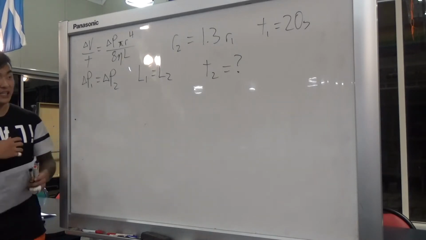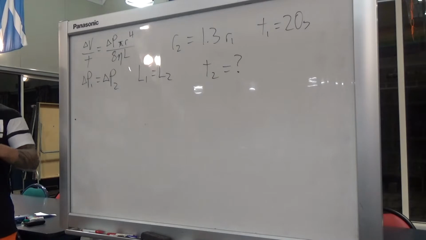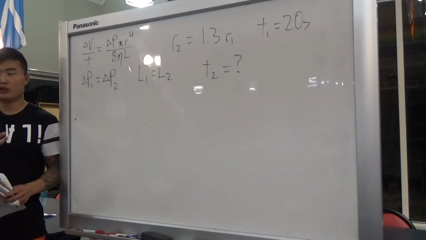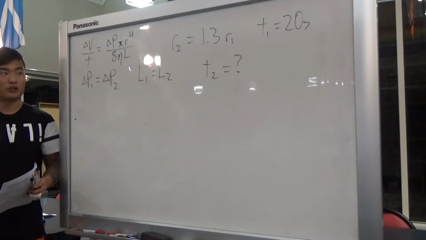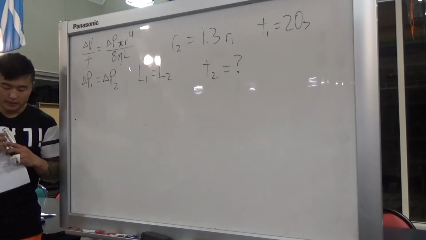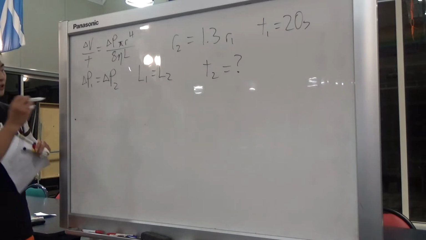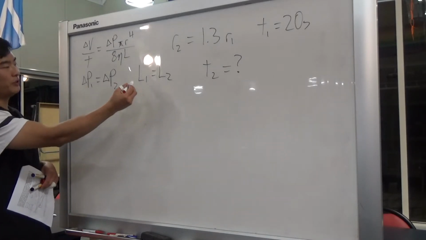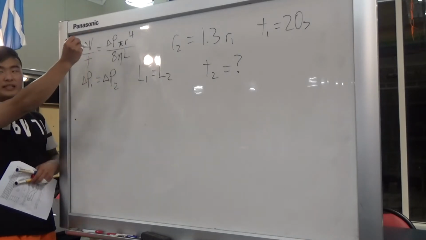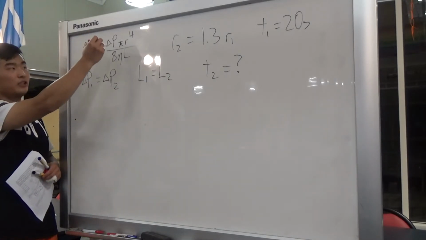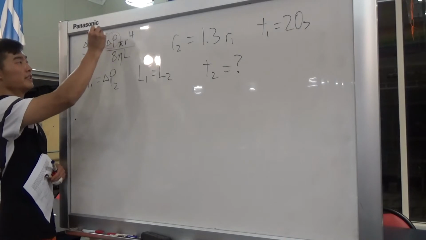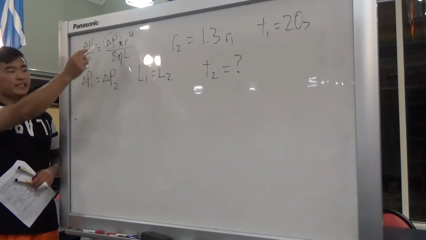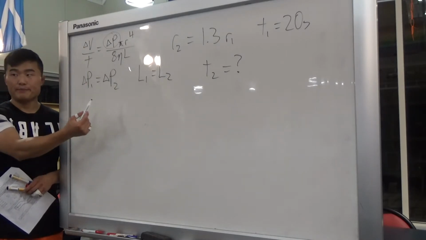So now we have to actually rearrange this equation for something that stays the same in both needles. So we could choose to rearrange for delta P, or we could rearrange for the length. But because delta P is on the top, it's going to be easier to just rearrange for this one. So what we're doing here is rearranging for something that's going to stay the same.